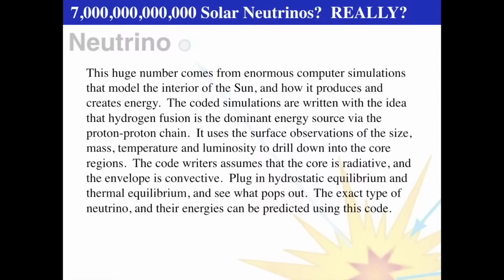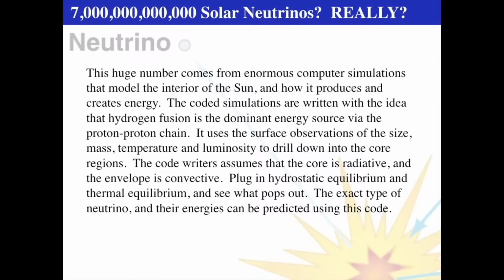Those simulations say, okay, we're going to assume that hydrogen fusion is the dominant energy source and it's using the proton-proton chain. We look at the size of the sun, the mass of the sun, the surface temperature of the sun, and the luminosity of the sun in visible light, ultraviolet and infrared. Then we take the surface conditions and ask, what would happen if that's the case down in the core?